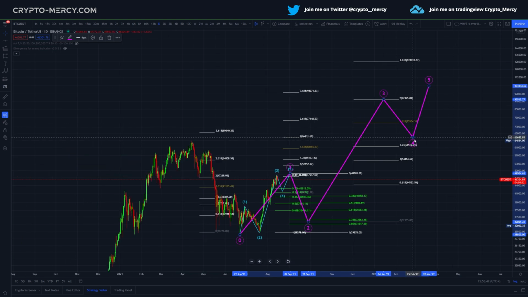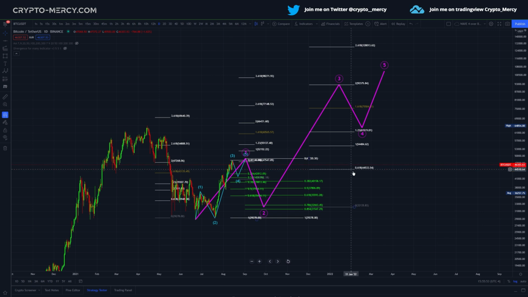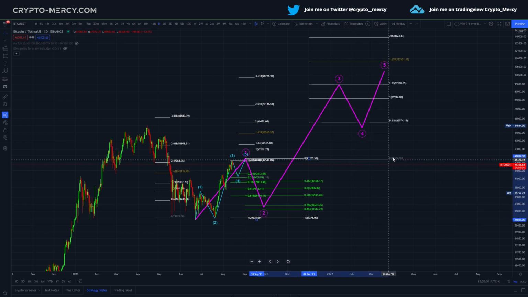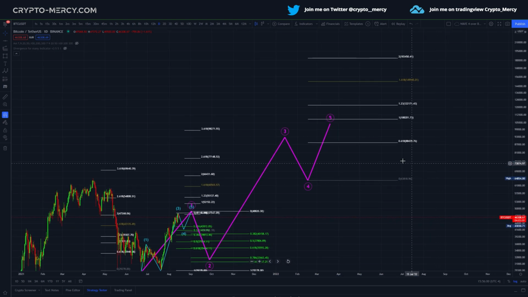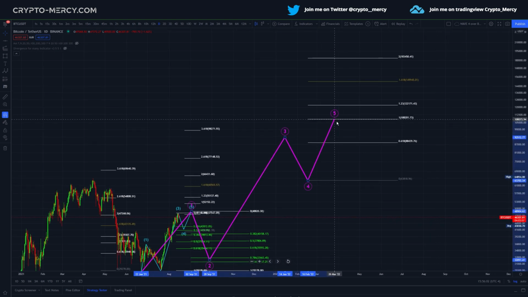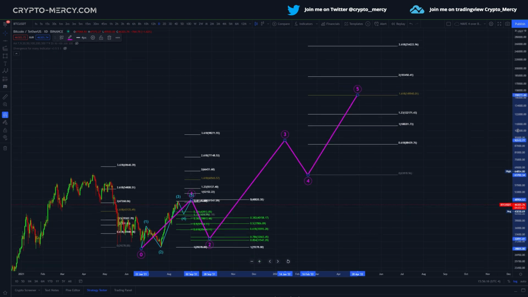After we are retracing for sure right on the top here for this wave 5, we want to figure out the most probable target for this wave 5. And now we have the 1.0 at 108,201, and we have 149,945 for this wave 5.